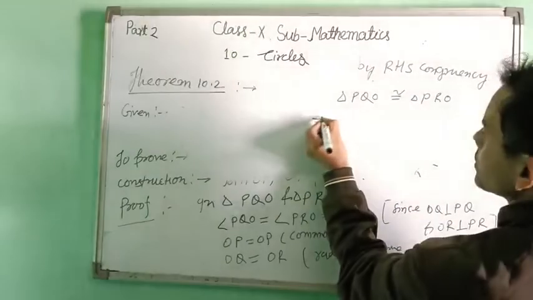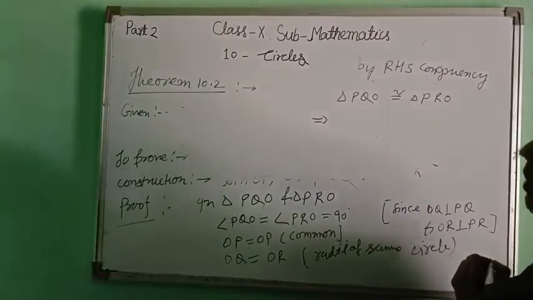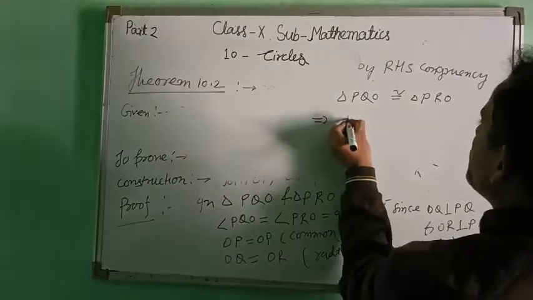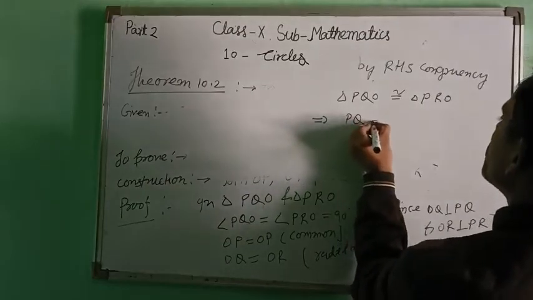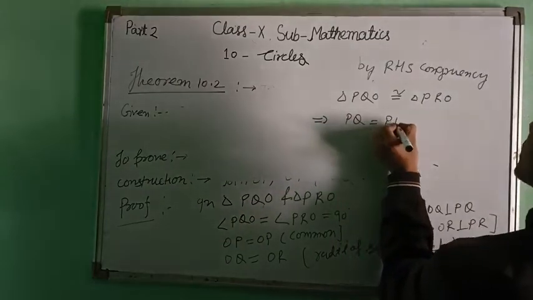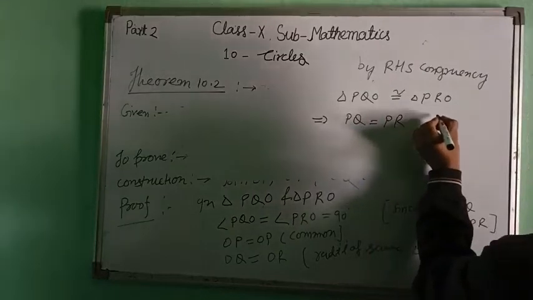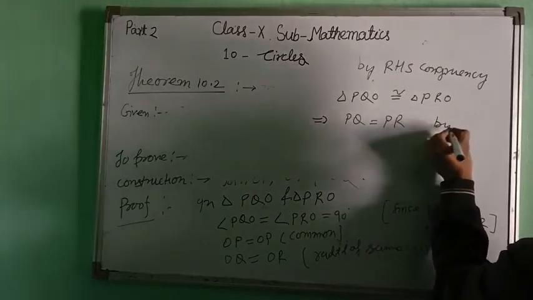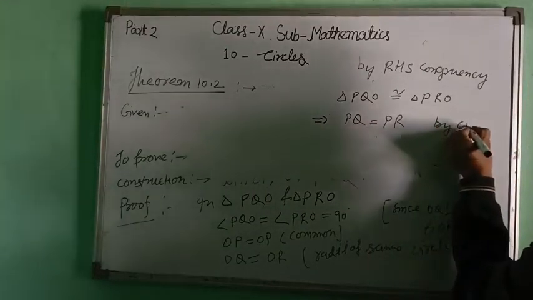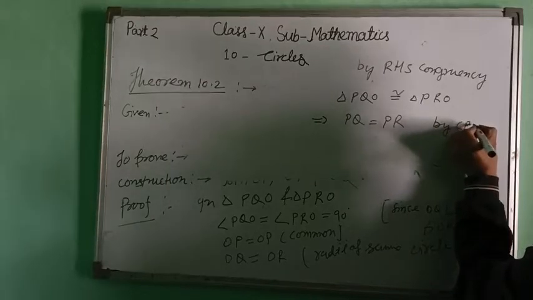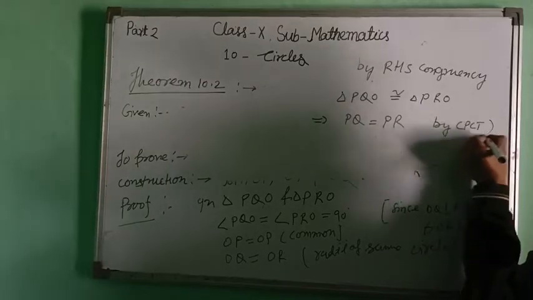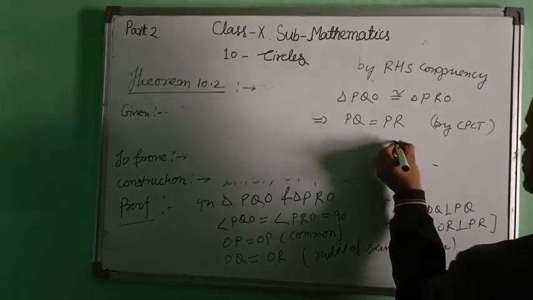That implies PQ equal to PR by CPCT. Okay, hence proved.